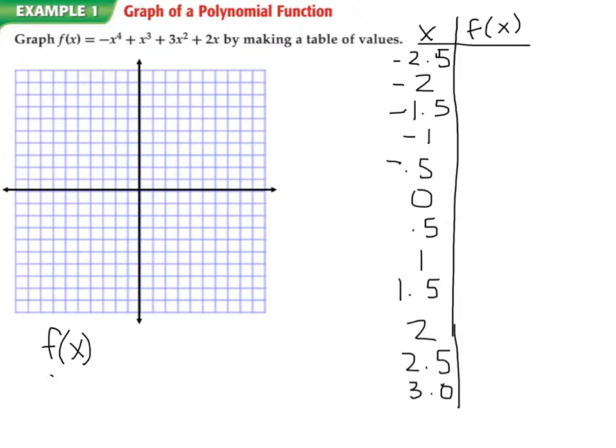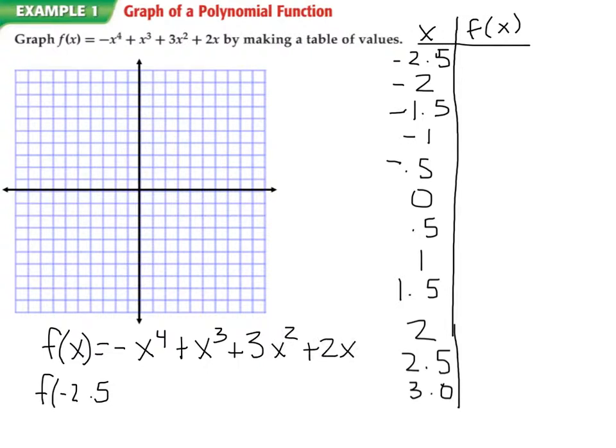So we have f of negative 2.5, and our f of x was negative x to the fourth plus x cubed plus 3x squared plus 2x. Anywhere there was an x, we are plugging in negative 2.5.